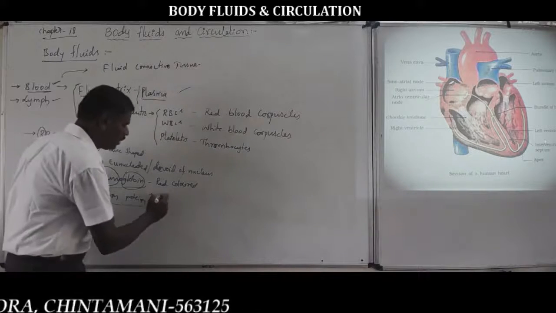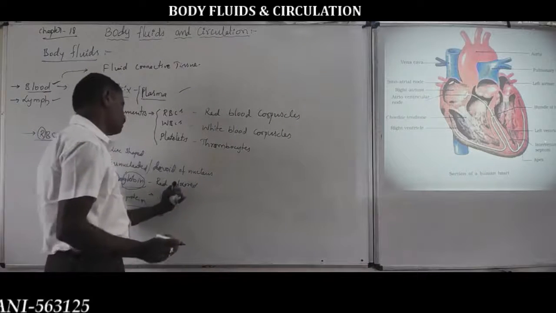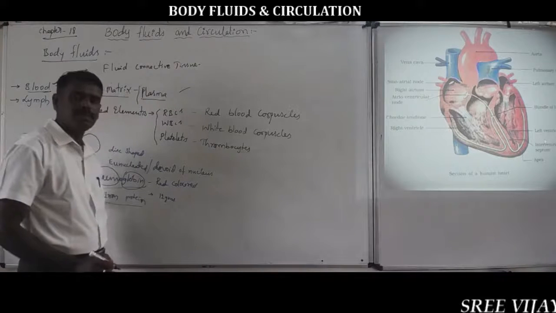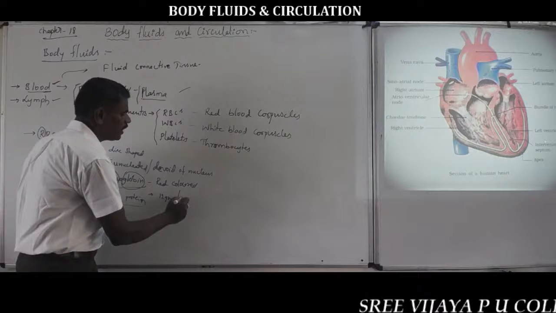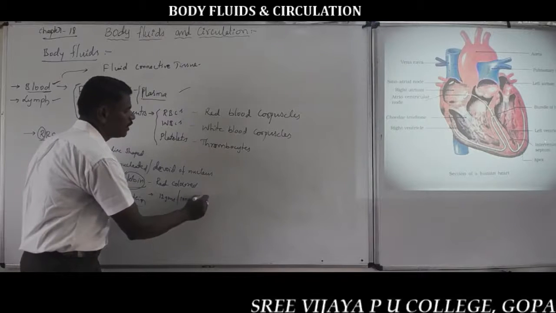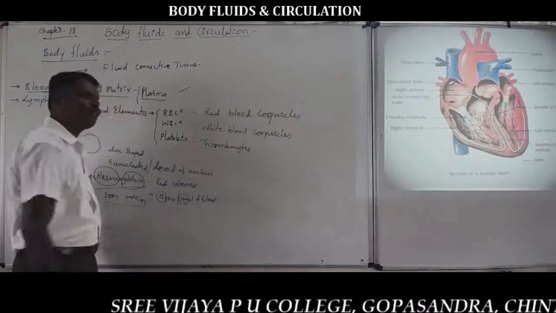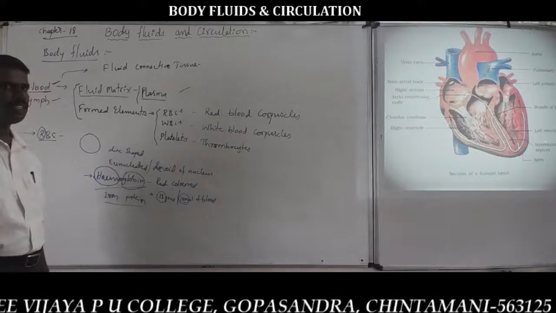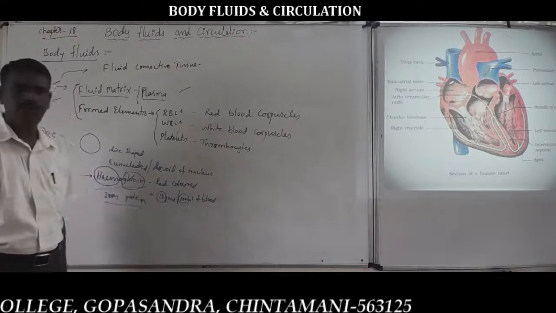Nearly 12 to 16 grams of hemoglobin is present in 100 ml of blood.